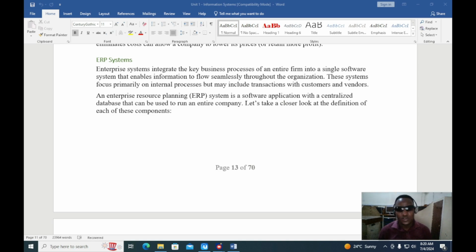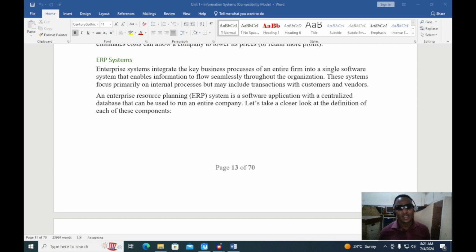So one software has all the business processes for a company, and this system enables information to flow throughout the organization, from one person to another, from one department to another. These systems mainly focus on internal processes, but at times might include transactions with customers and even suppliers or vendors.